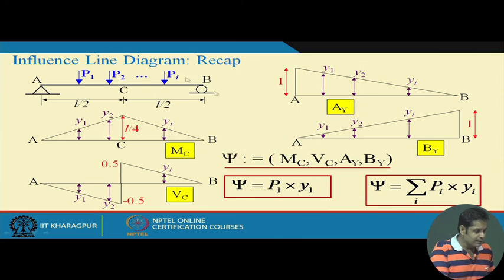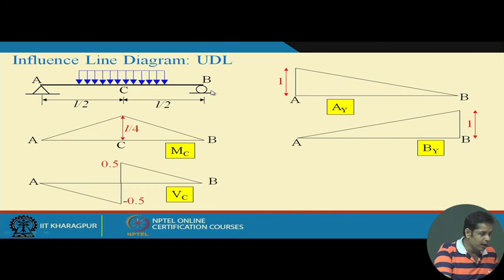Now suppose this is just several concentrated loads P1, P2, and they are replaced by a distributed load like this. Remember one thing: whether the load is distributed, concentrated, or a train of concentrated loads, the influence line remains the same.